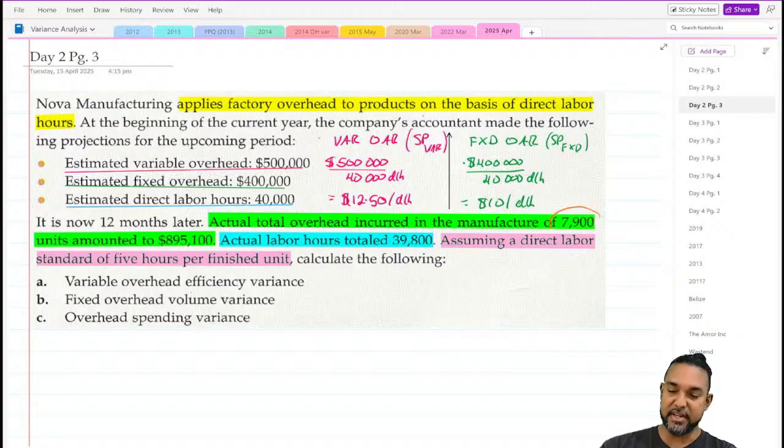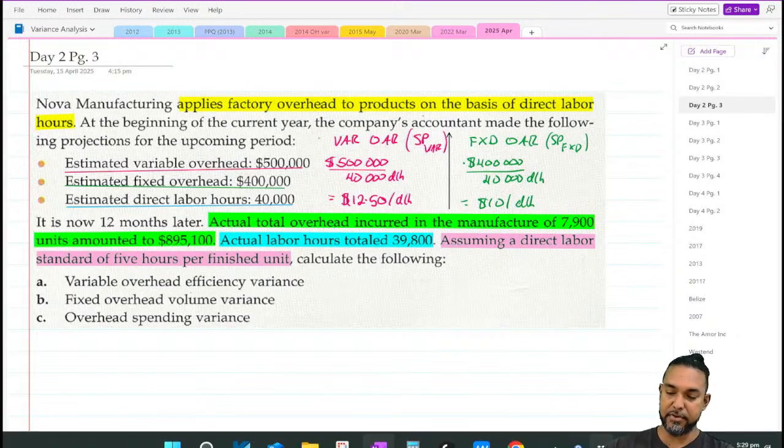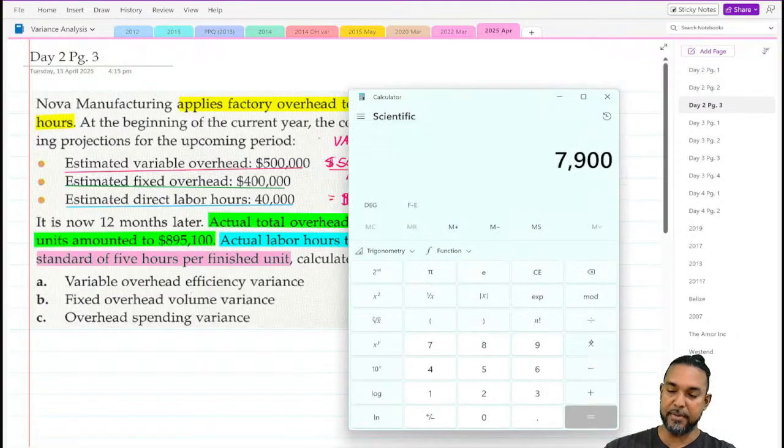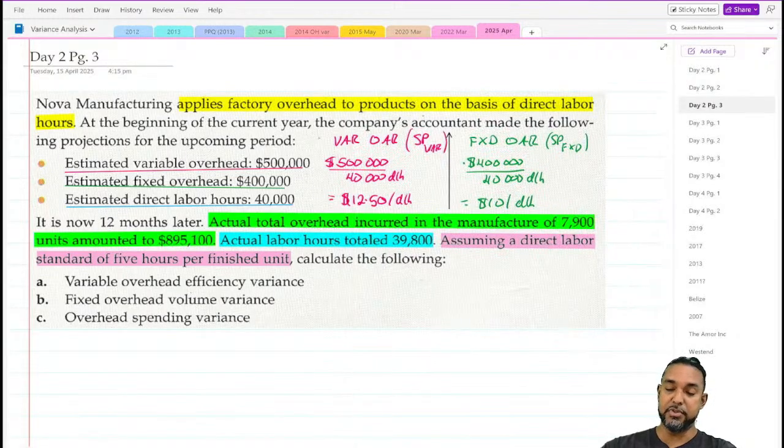We made 7,900 units, and the labor standard is 5 hours per unit. So if you take 7,900 and multiply it by 5, you get 39,500 direct labor hours. And we actually used 39,800. So we used more labor hours than we were supposed to.